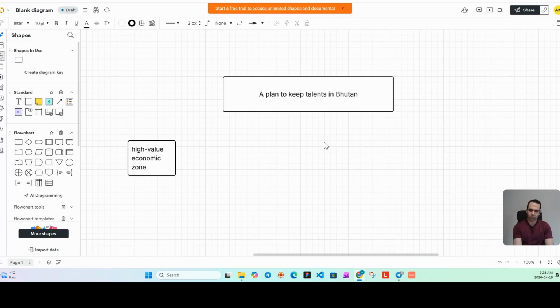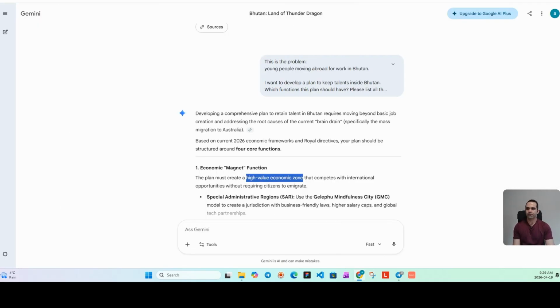Or we can just reverse the arrow direction here. Okay, nice. So a plan to keep the talents in Bhutan. One function of this plan should be a high value economic zone.